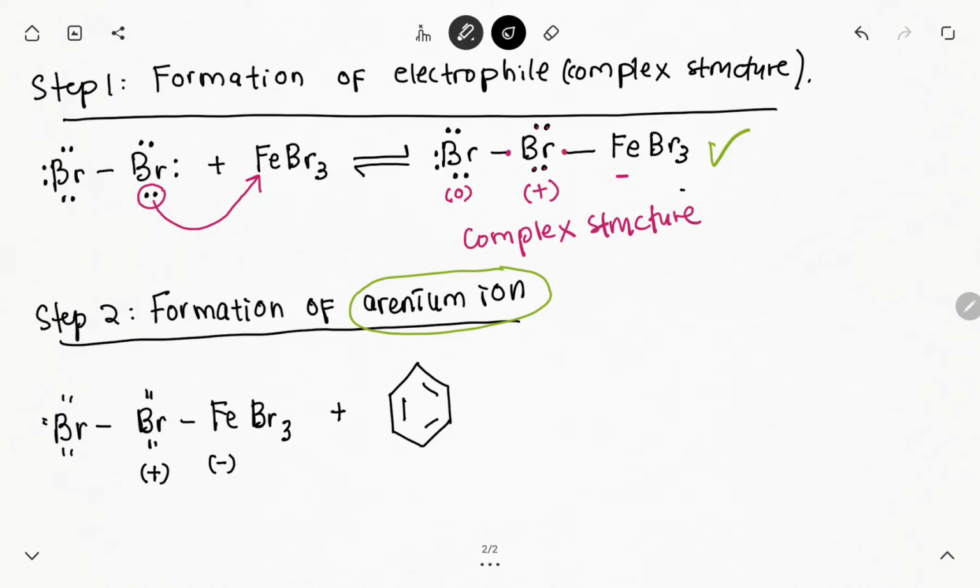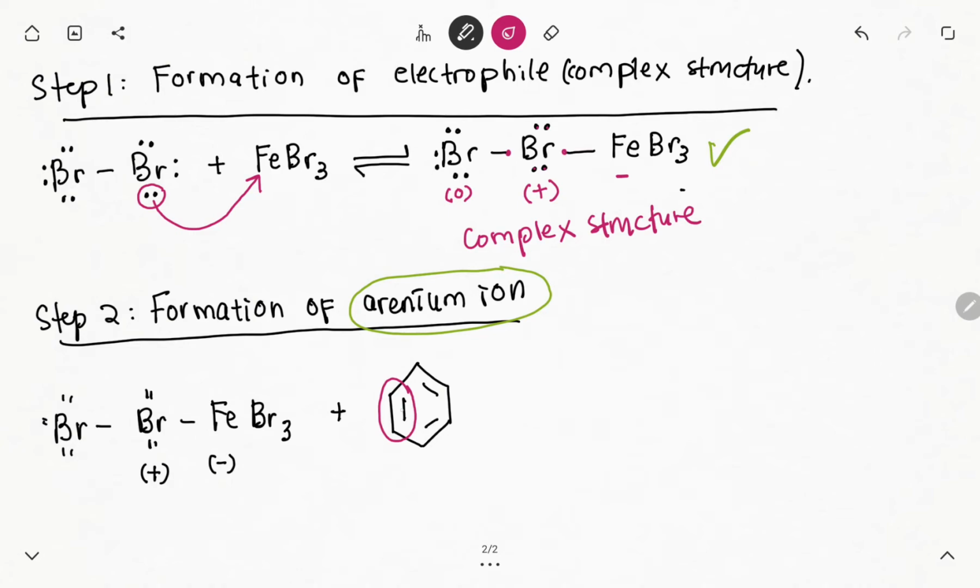Next we must trace where the bond cleavage occurs. Of the two bromine atoms inside the molecule, the bond cleavage occurs between the first bromine and the second bromine. According to the arenium ion, we have the multiple bond here.